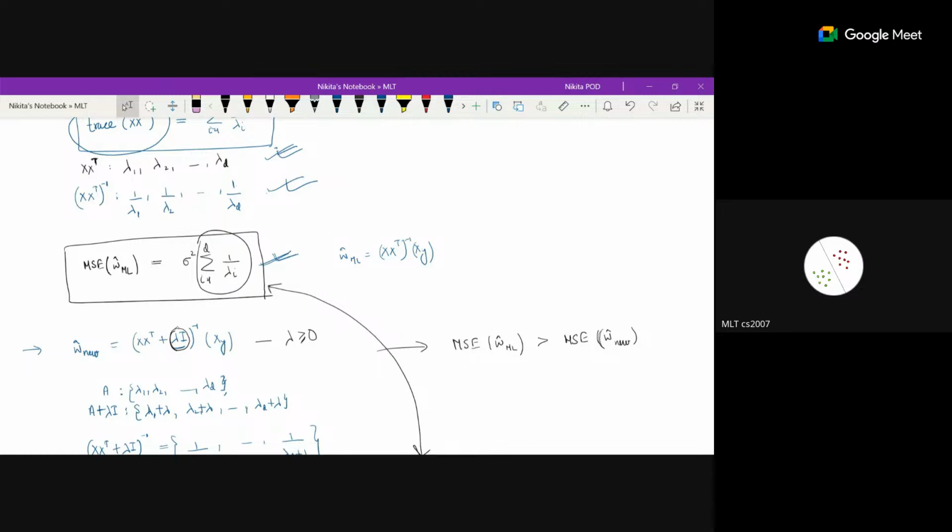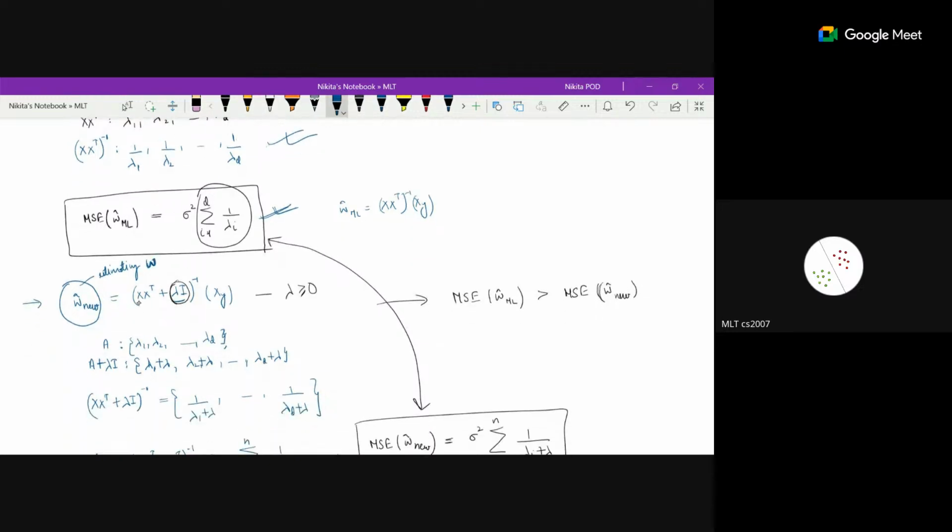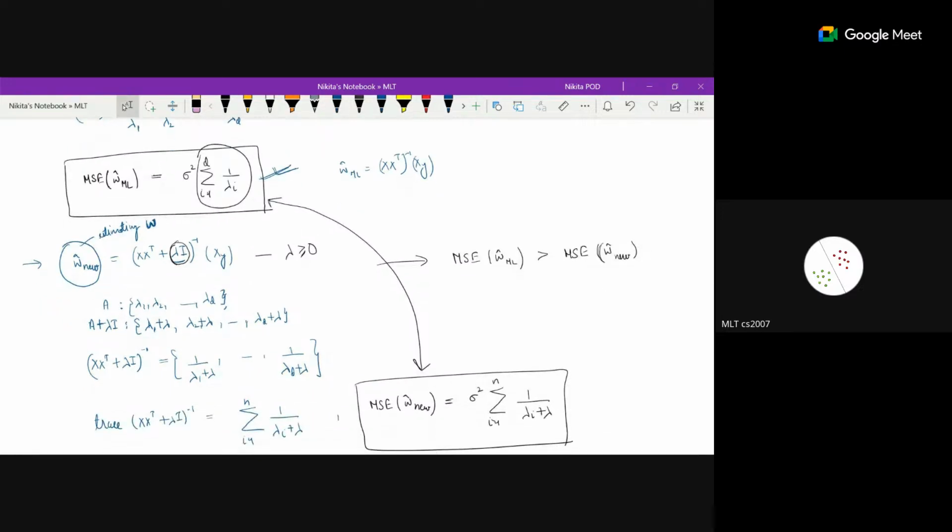Now let's say I have some new estimator, W hat new, which is estimating my W. If I define it as (XX transpose plus lambda I) inverse XY, then we know that if you add some constant over here, your eigenvalues change. Initially, for XX transpose, the eigenvalues were lambda 1, lambda 2, and so on.